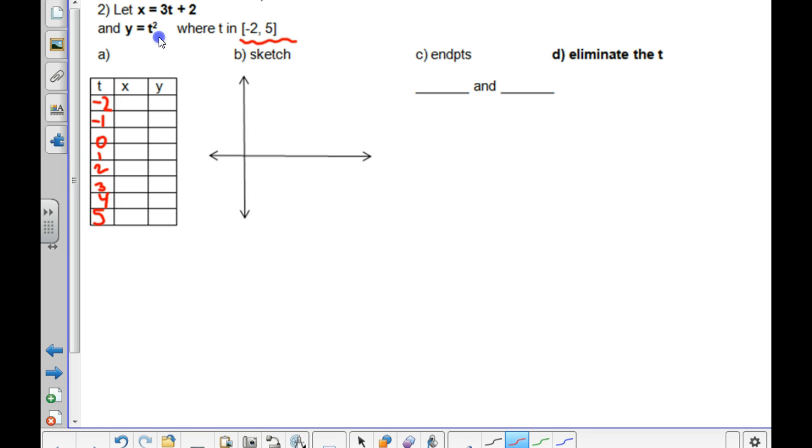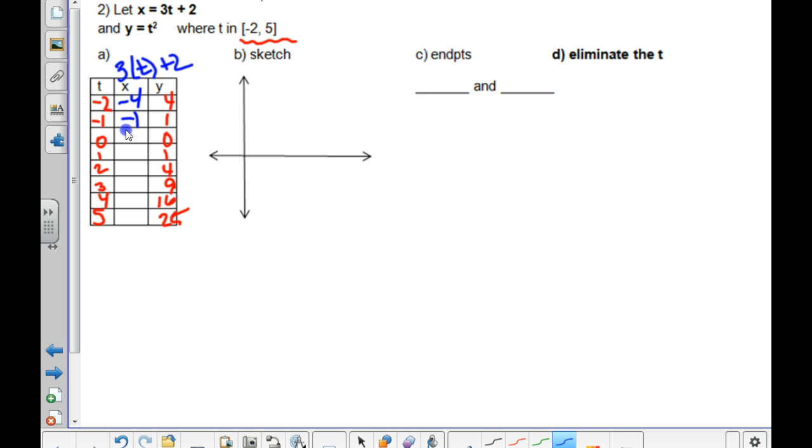All right, I'm going to do the y's first because I'm lazy. I'm going to do the easy one first. It says square them all to get the y value. So this would be 4, 1, 0, 1, 4, 9, 16, and 25. Now we're going to do 3 times the t plus 2 to get the x. So 3 times negative 2 is negative 6 plus 2, negative 4. Did I get that one right? Put in a negative 1. 3 times negative 1, don't we get negative 1?